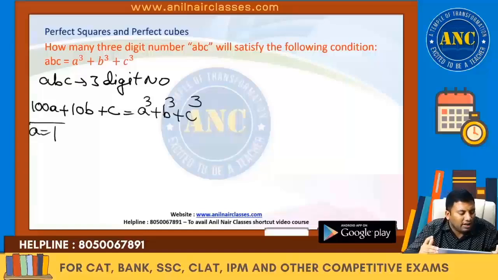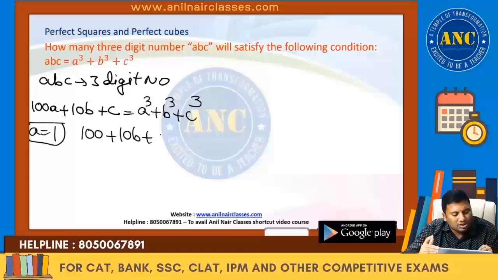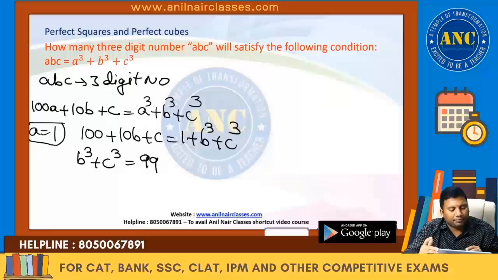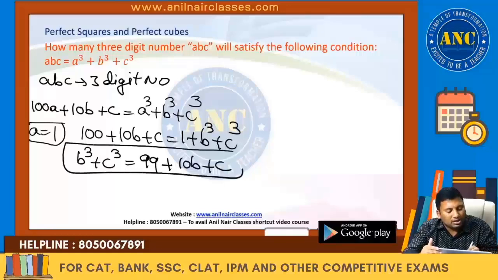If I take A value 1, 100 plus 10B plus C is equivalent to 1 plus B cube plus C cube. So this is nothing but B cube plus C cube equivalent to 99 plus 10B plus C. I hope this equation is clear.